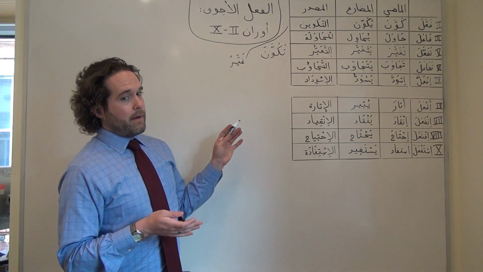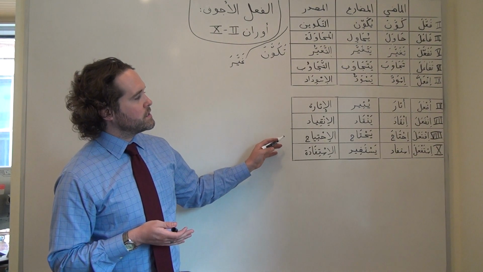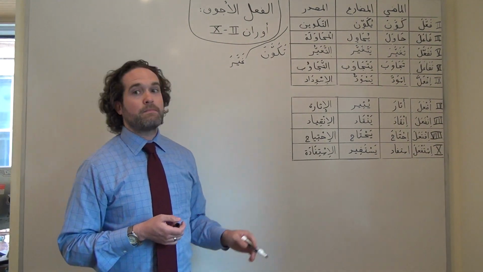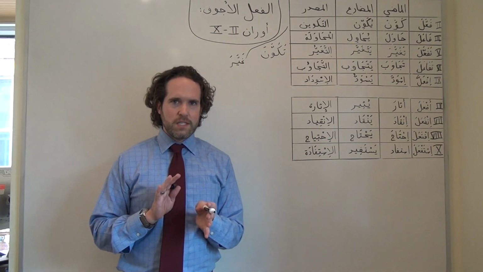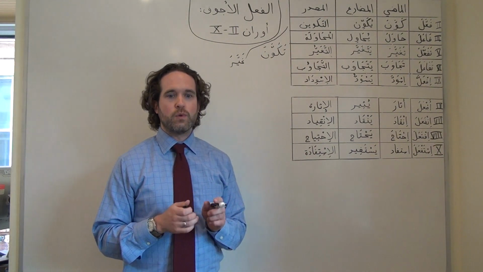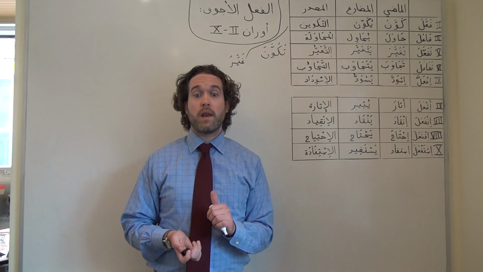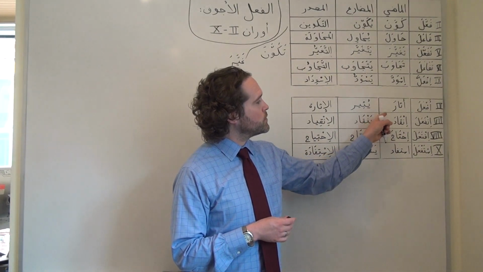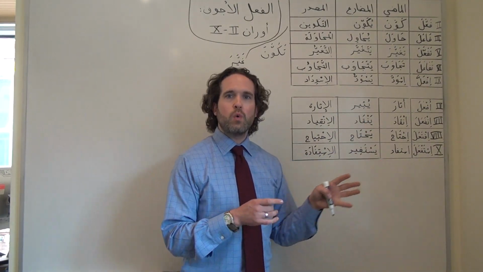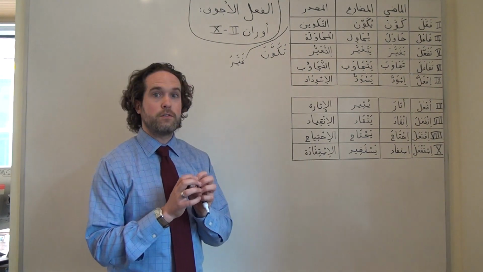Now, where things get a little different is with these remaining forms, 4, 7, 8, and 10. Each of them has a couple of idiosyncrasies that it's worth paying attention to. The first thing that's different is also true for Form 1 hollow verbs. In all of the first and second person past tense conjugations, we're going to drop the middle letter of the judr.